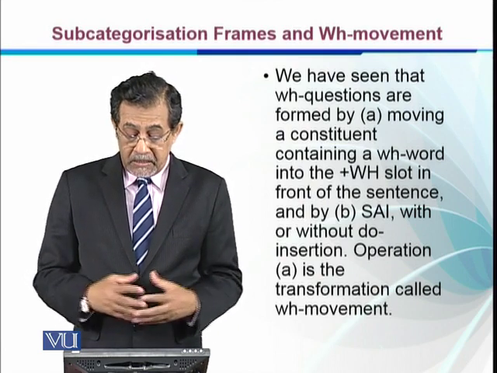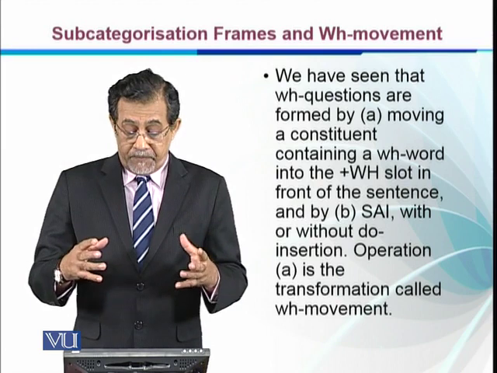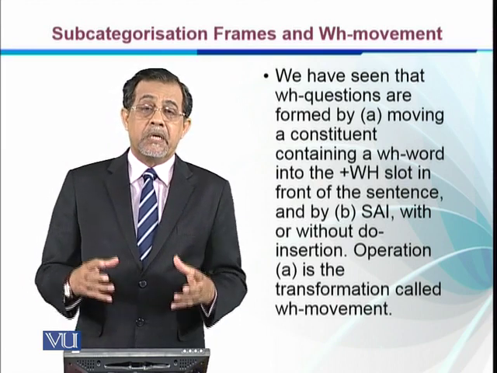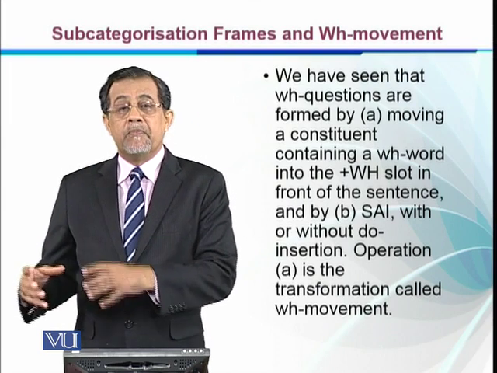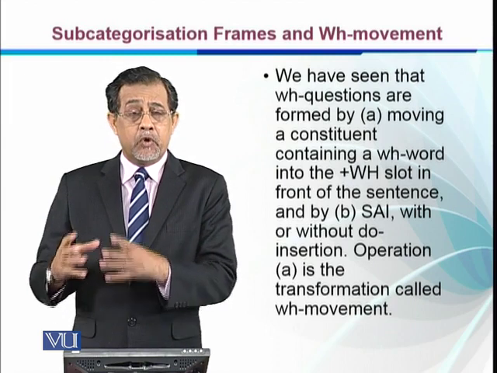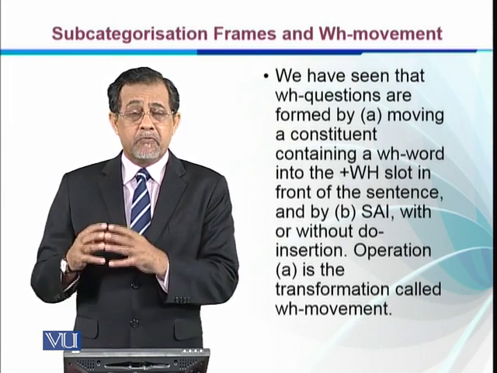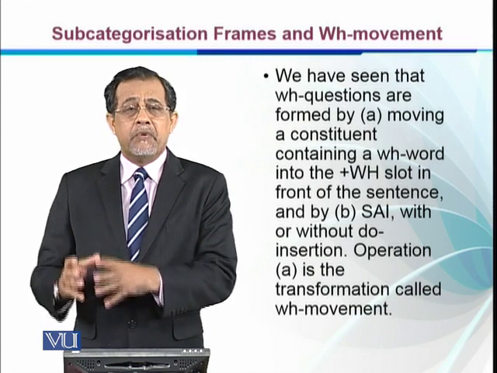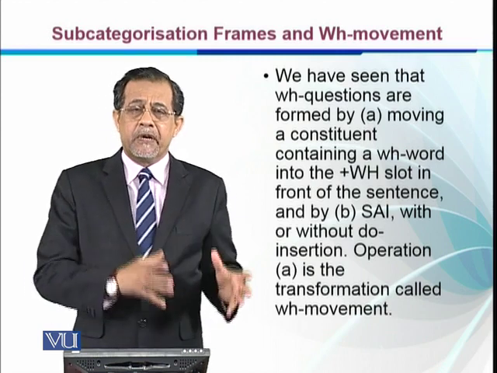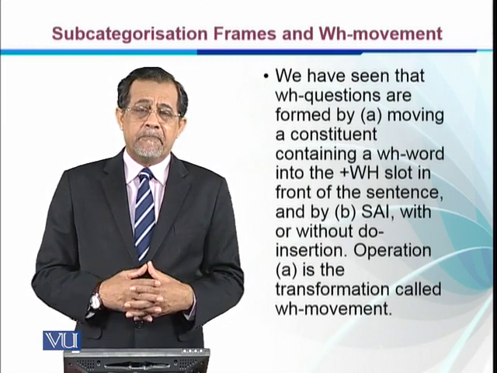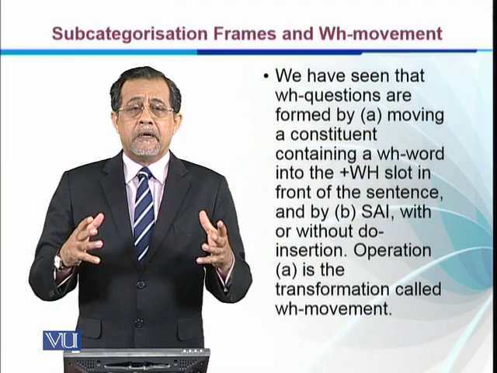Operation A is the transformation called WH movement. So this operation that we have just discussed is called WH movement. How do we move a WH word? First, whenever we do not know any element of the sentence, we know that that is the slot for a WH word, and then we move that WH word to the front position in direct questions. So this is how WH movement takes place.